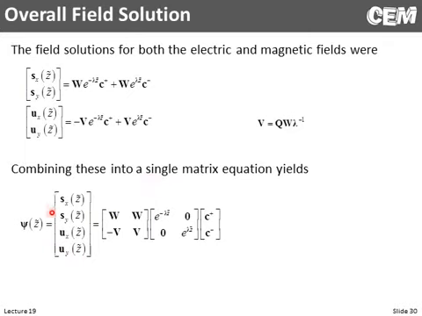Now we have S's and U's all together, and we'll call that psi. So this psi parameter is all of our fields collected together into a single column vector. Here's all of our eigenvectors. Here's our eigenvalues describing propagation. The eigenvectors describe what the modes look like. Here's how they propagate. And here describes how much power is in each one of the modes. Those are our mode coefficients.